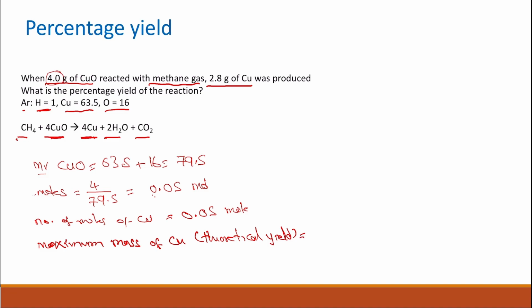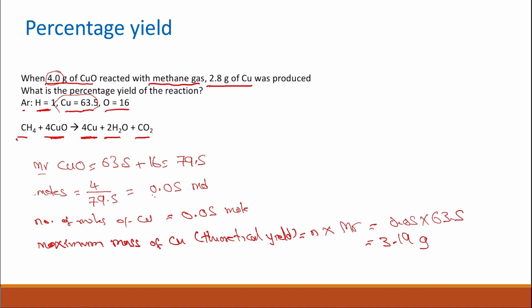So now we need to find the mass. The mass equals the number of moles times the relative formula mass, or relative atomic mass because this is copper. So 0.05 times 63.5, which is the relative atomic mass for copper, and then you're going to find that there is 3.19 grams. So 3.19 grams should be the maximum yield of the copper from this reaction.